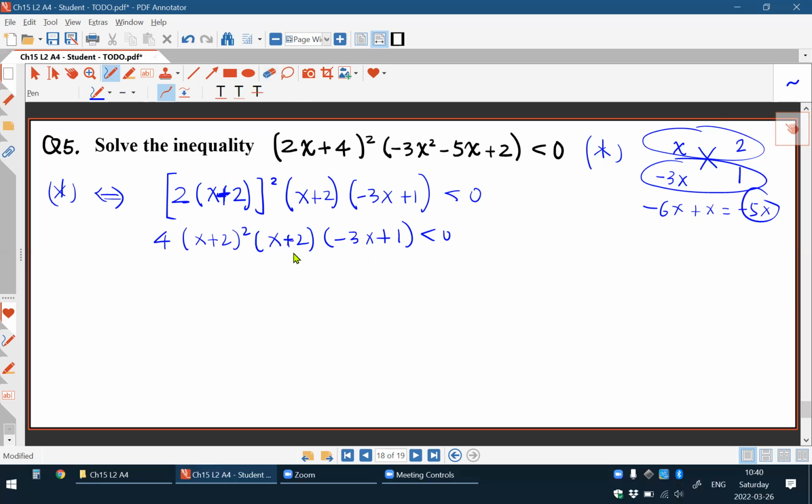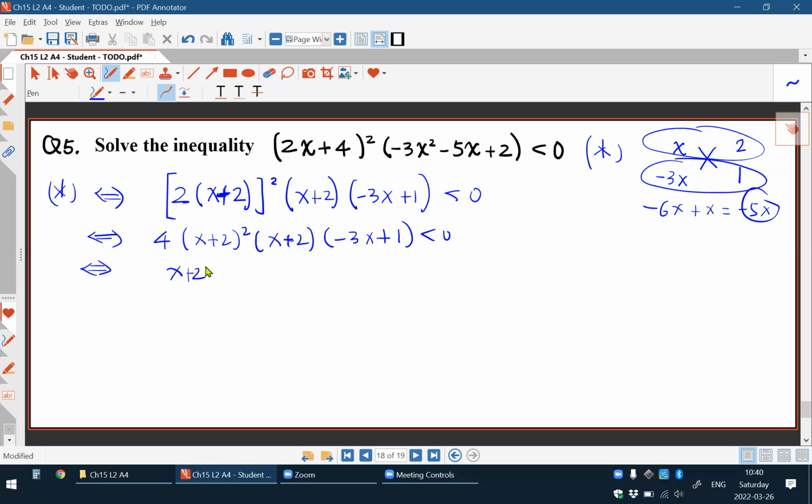Okay, so what's next? We can divide both sides by 4. 4 is a positive number, so that does not change the inequality direction.